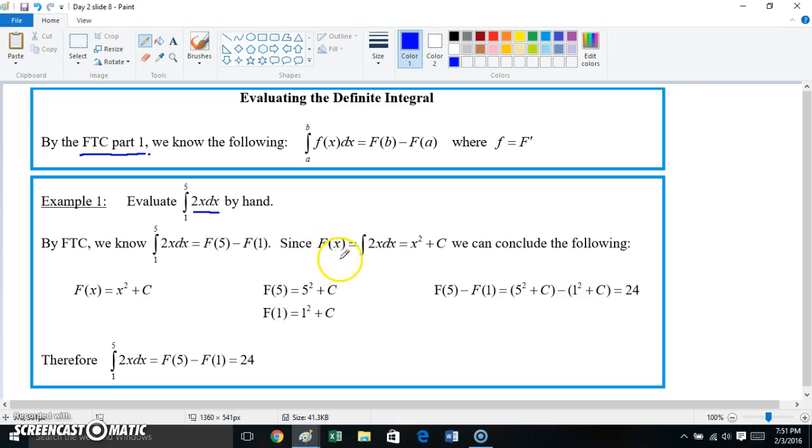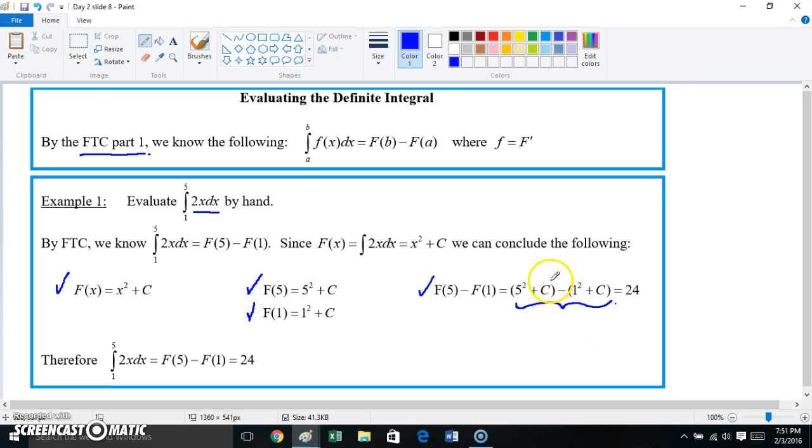Integrating 2x dx, we get x squared plus c. We can conclude the following. F of x is x squared plus c. F of 5 is 5 squared plus c. F of 1 is 1 squared plus c. And evaluating the integral, we do F of 5 minus F of 1.